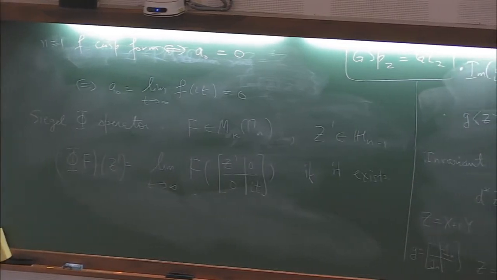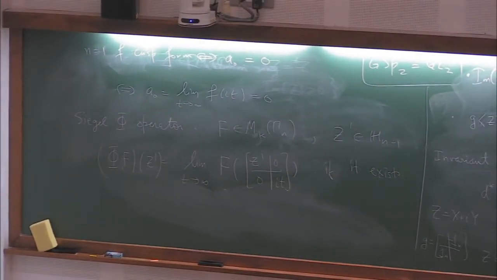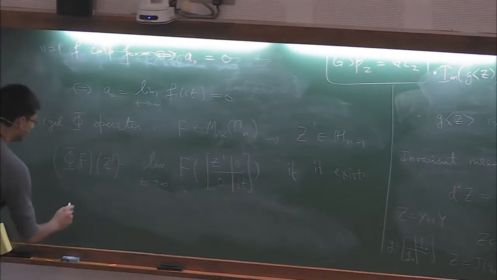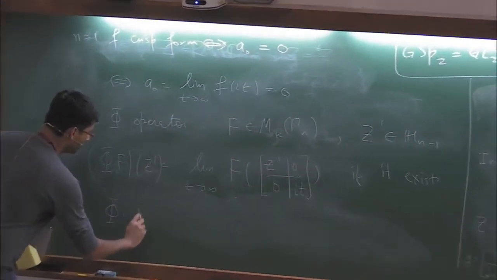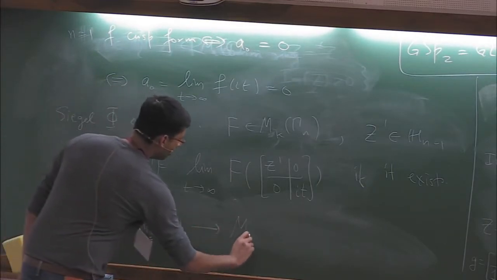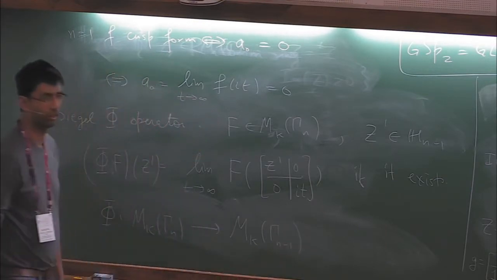Well, you can substitute for f its Fourier expansion. You can check that you're allowed to change the summation with the limit, and then individually all of them do have limits. So this limit does exist, and what the Siegel operator does is indeed give a map from M_k(Gamma_n) to M_k(Gamma_{n-1}).